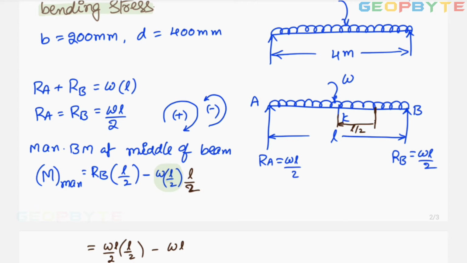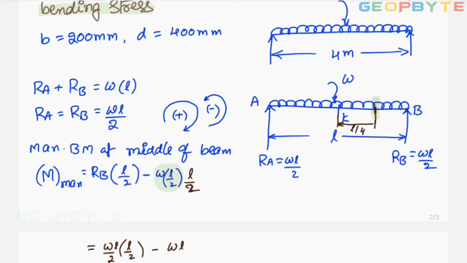I am sorry, this is L by 4 because from B to K is L by 2, and from this point to K is L by 4. I am sorry, let me write it clearly. L by 4 should be very clear.